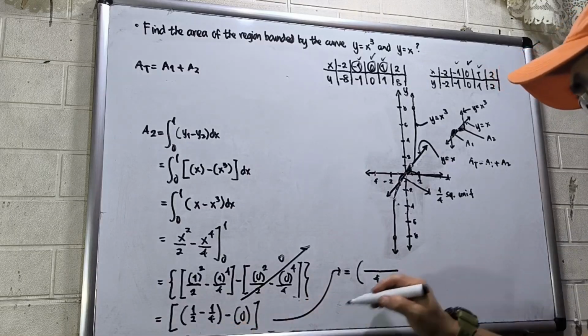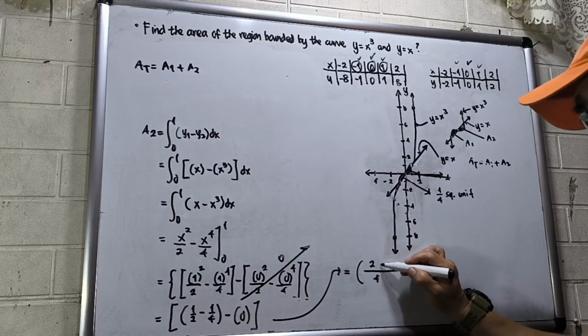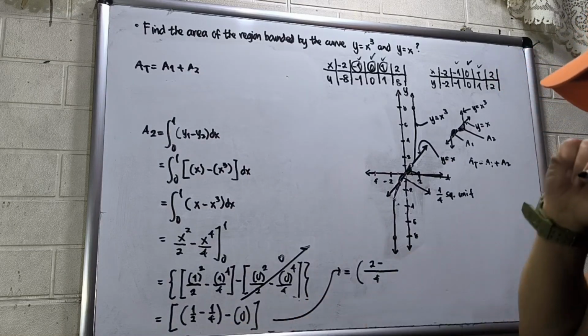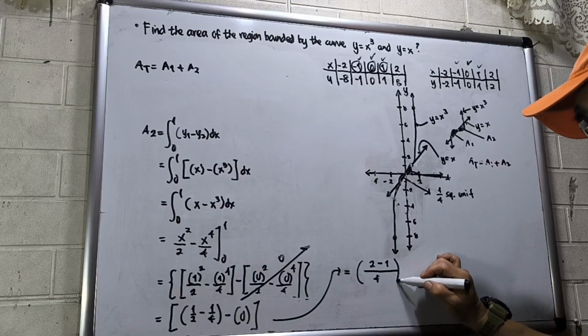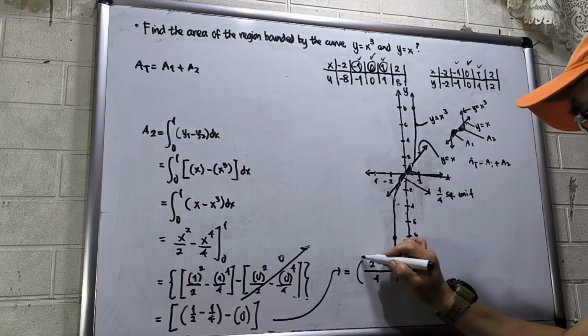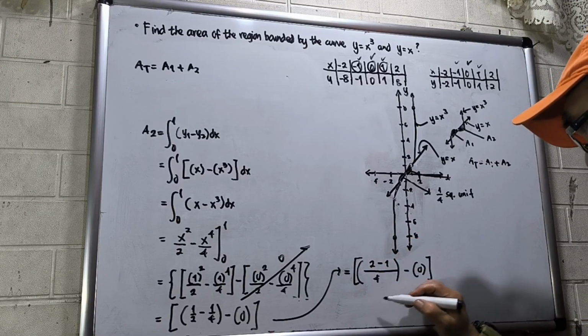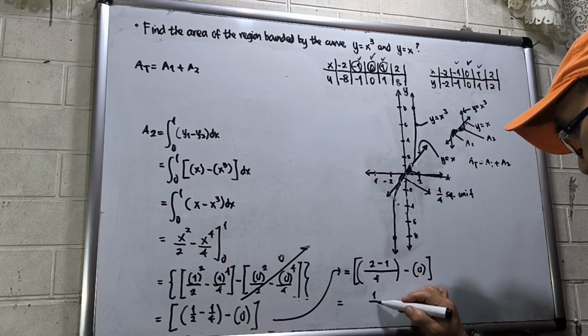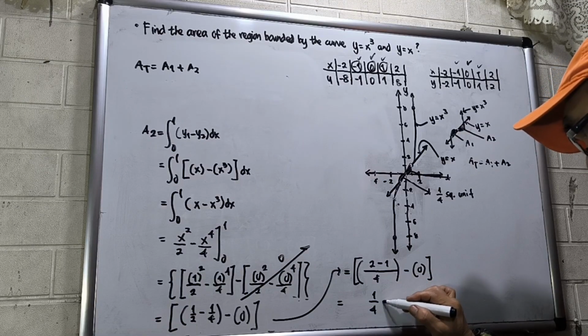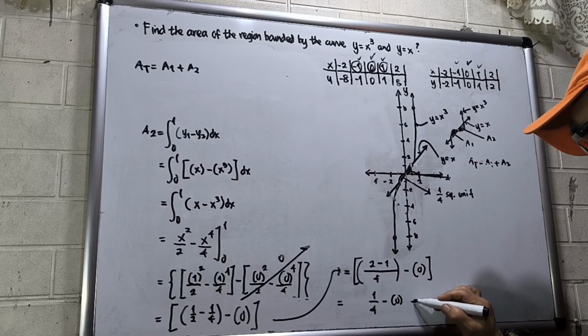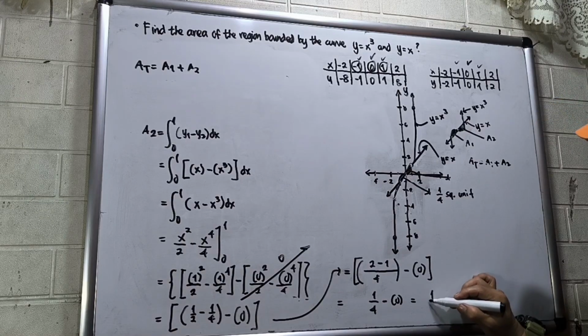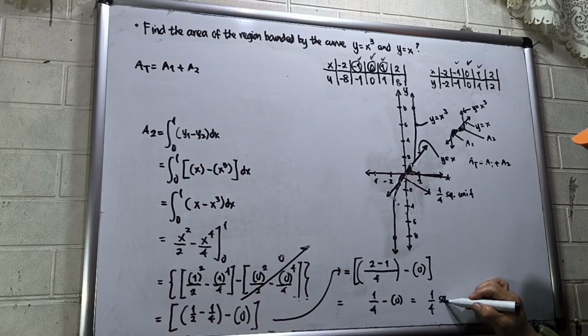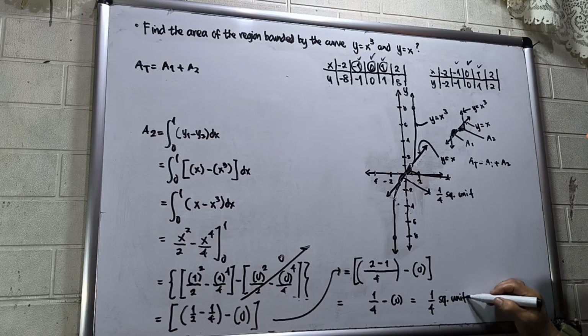Then 4 divided by 2 is 2 times 1 is 2, minus 4 divided by 4 is 1 times 1, then minus 0. So this will be 1 over 4 minus 0. So meaning, this will be equal to 1 over 4 square unit.